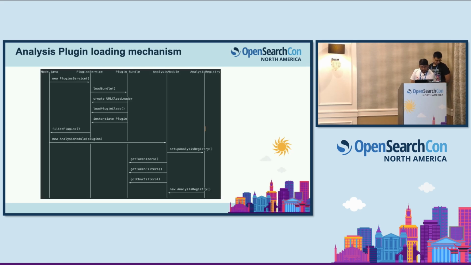Okay. So this is a condensed diagram of what Pranav mentioned before. Starting with node.java, which instantiates the plugin service class. Once this plugin service class is instantiated, it loads the bundle, which is basically your zip files, then creates your class loader, and further loads the plugin classes into the OpenSearch JVM, and instantiates the plugin.